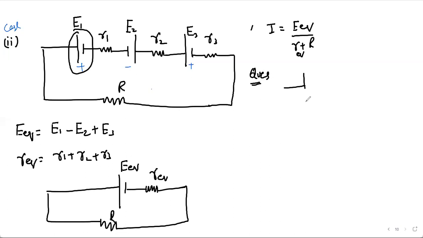Solve this example. This is given in NCERT, I think some 7th or 8th question of current electricity. This is 10 volt, this is 1 ohm, this is 5 volt. See, internal resistance will not decrease. It will get added up.